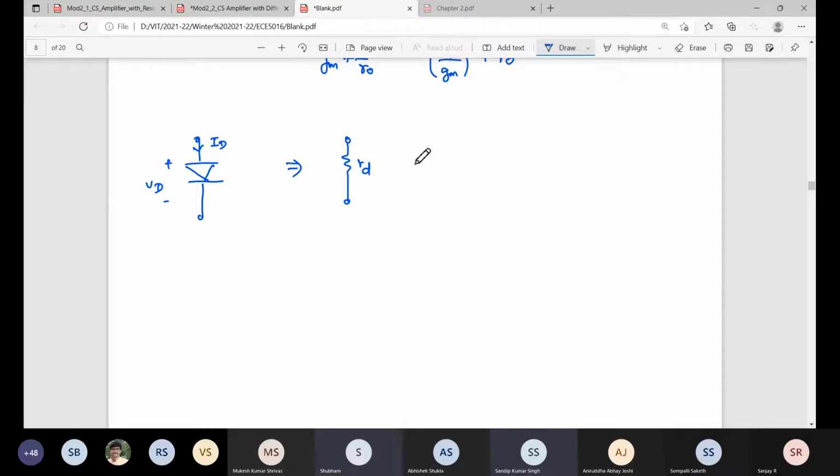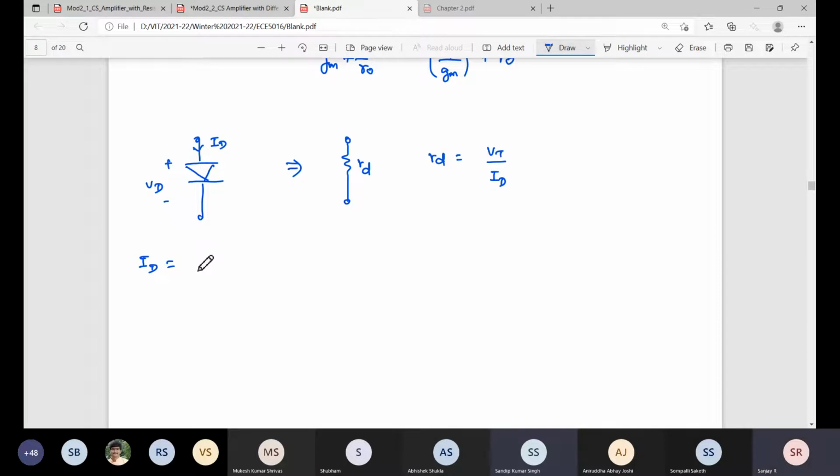VT by ID, where ID is the forward current, because in reverse bias there is no current.